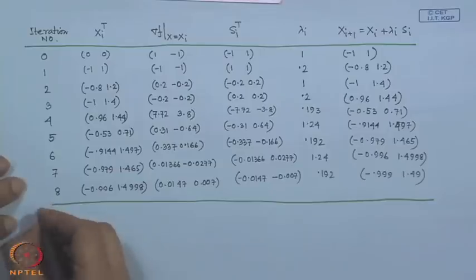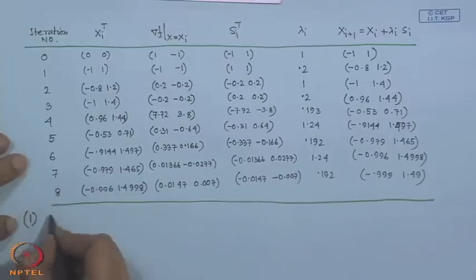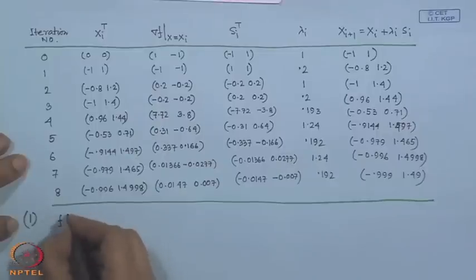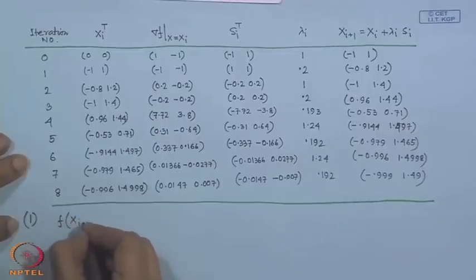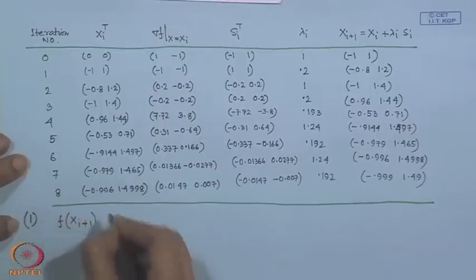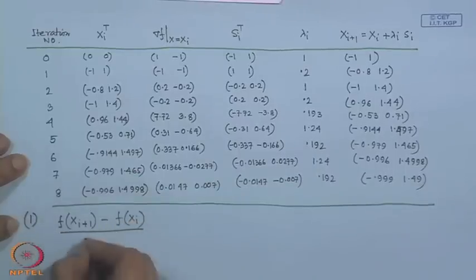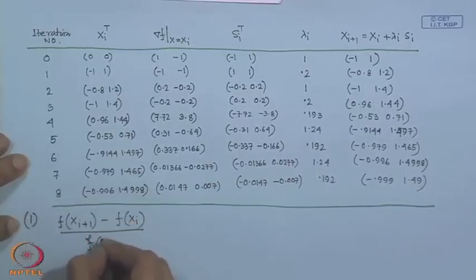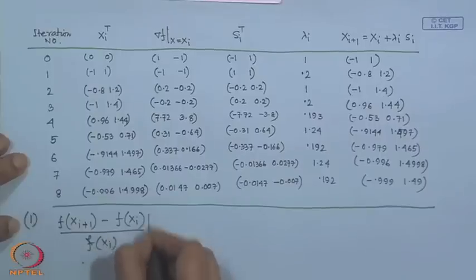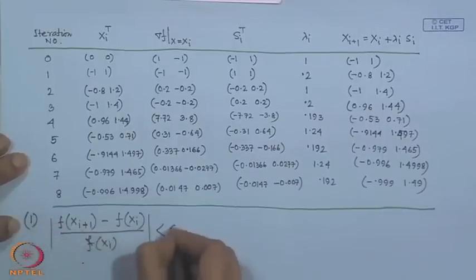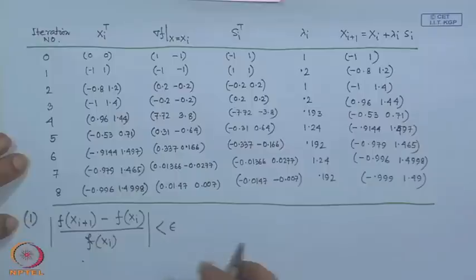There are 3 alternative methods, we can adopt any one of them. We will see the functional value in the step and the previous point, and if we see the ratio is very small, then we can stop our iteration. This is one process.